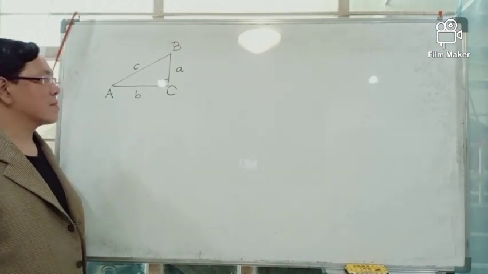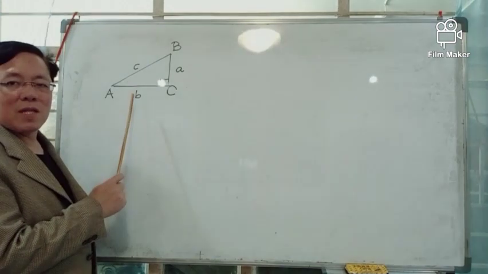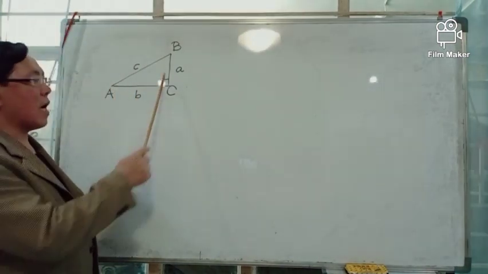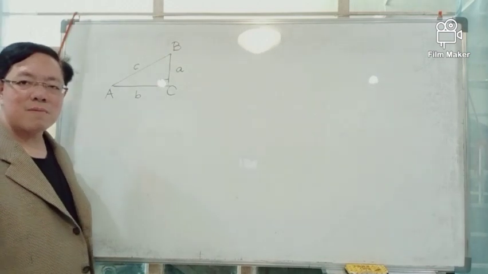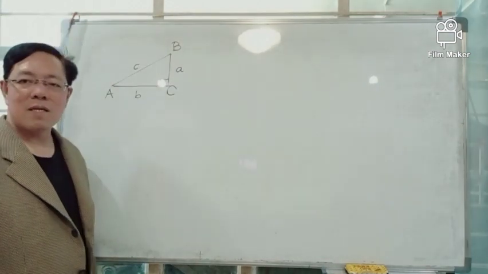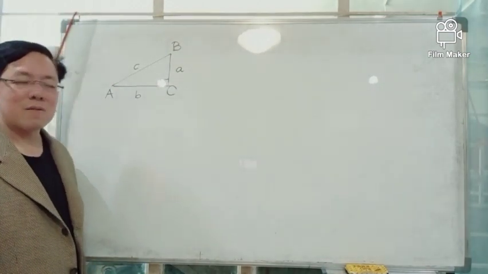We said also last time that the sum of the 3 angles of a right triangle is 180 degrees.